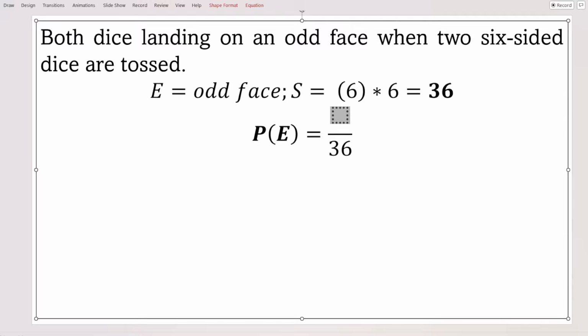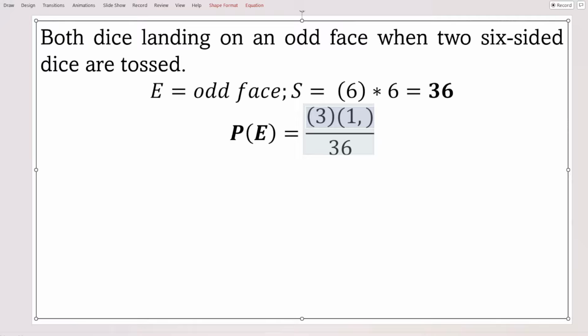Now, let's look at the odd face. When you look at the odd face, let's say we have two slots here for the possible outcomes for dice 1 and dice 2, we want them to both be odd. So how many odd numbers could we get in dice number 1? We can get 1, we can get 3, or we can get 5. That is 3 different odd faces from dice 1. How many odd numbers can we get from dice number 2?